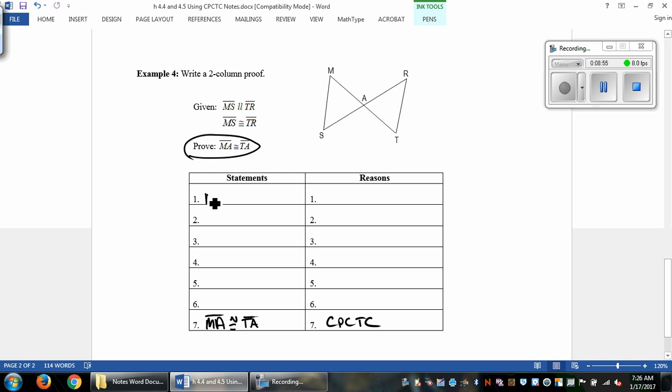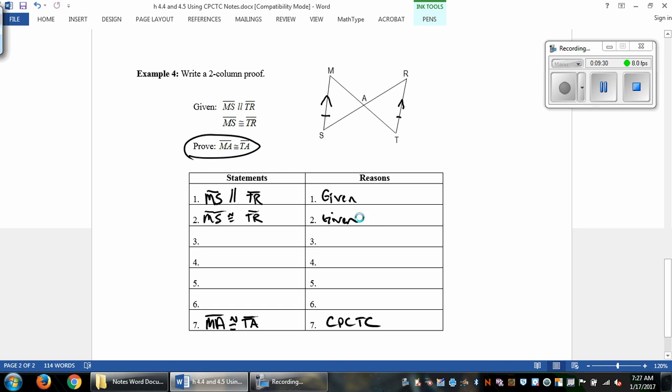We have that MS is parallel, that's what those two lines mean, parallel to TR. So we can put a little arrow indicating that they are parallel, and that's given. And MS is congruent to TR. Given.